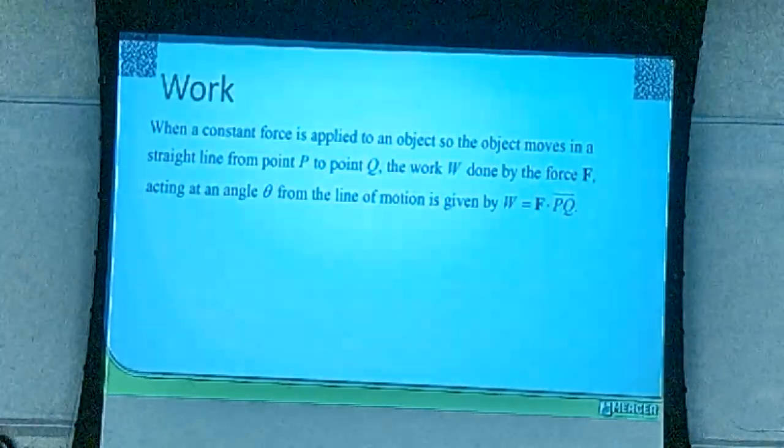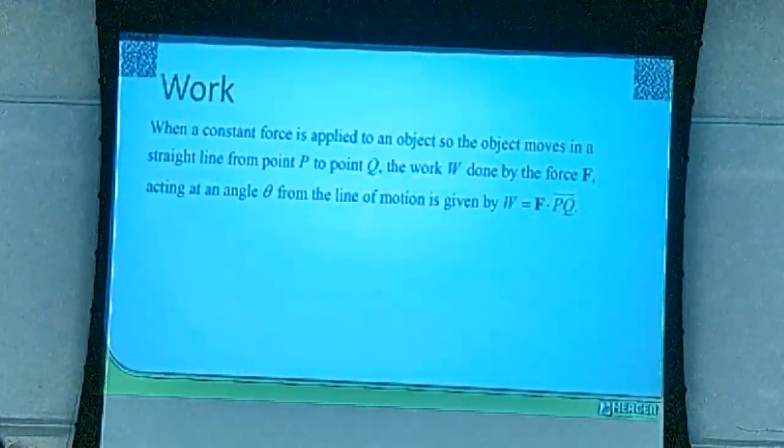Work. Several instances for work, right? In Calc 2, you studied single dimension, right? Moving along a line.